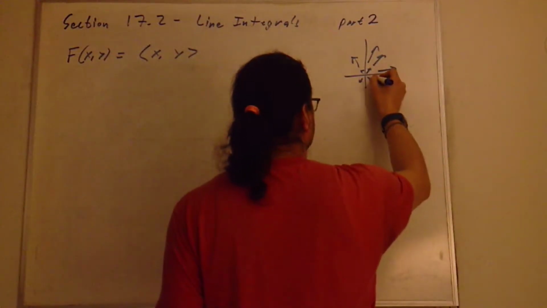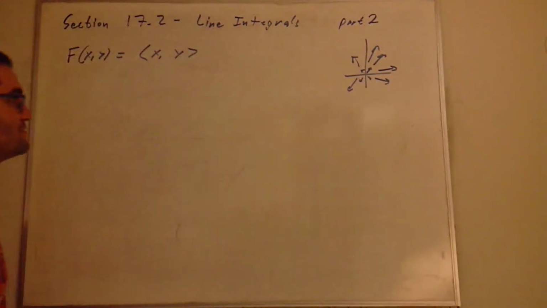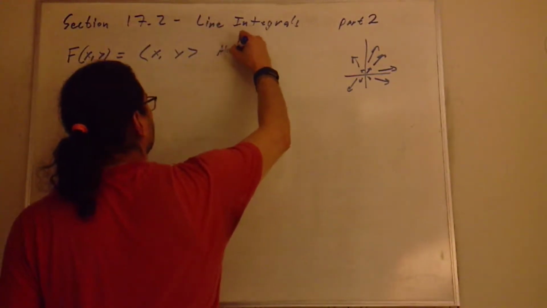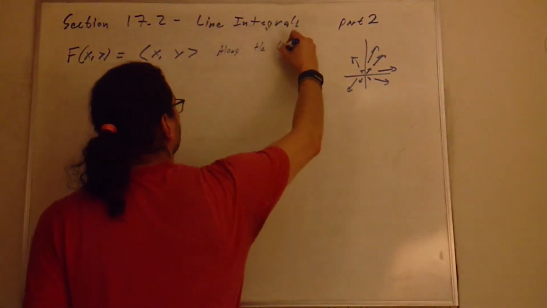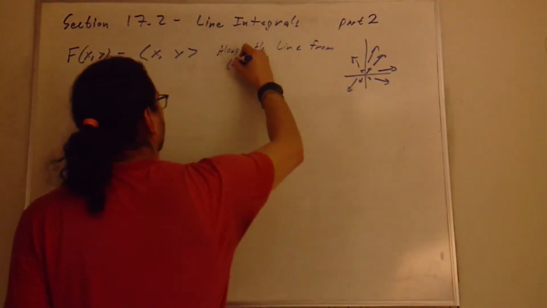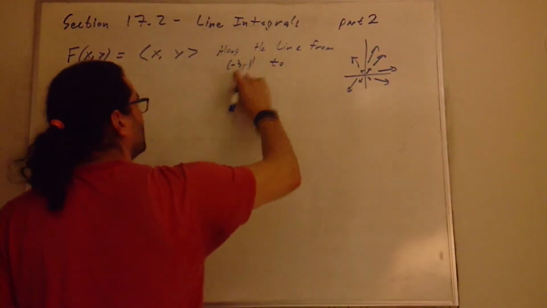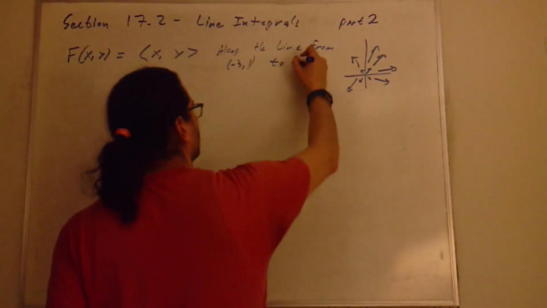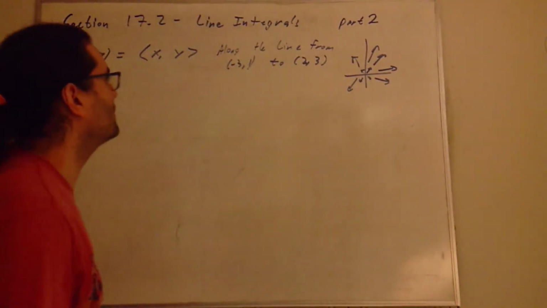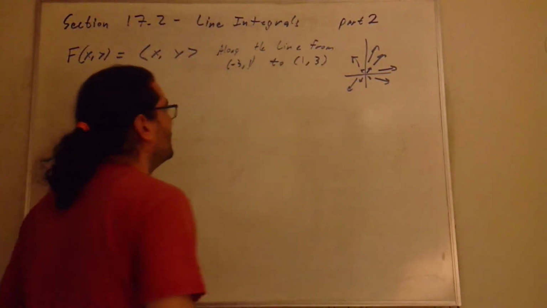You get big vectors everywhere else. We all know about the explosion vector field. And I want to do along the path, let's do along the line from -3, 1 to, let's go to 1, 3. Let's do that one. Okay.